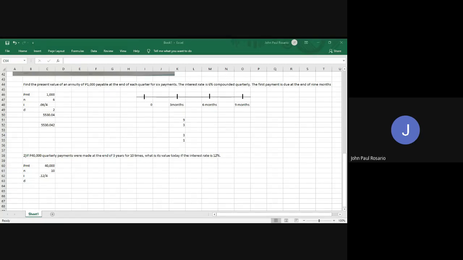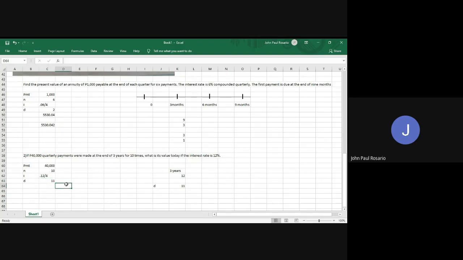Well, let's see if it is 11. So, it is 3 years, so that's 3 years. How many quarters are in 3 years? That's 3 times 4. Right? Yes, sir. Okay, so that's 3 times 4, and then minus 1. So, D is equal to 12 minus 1, 11. Very good, Alexander. So, D is 11.